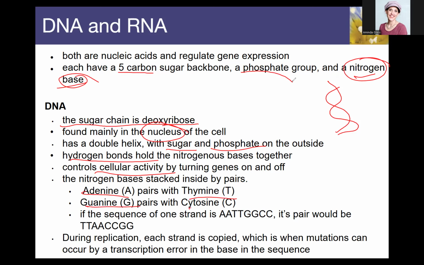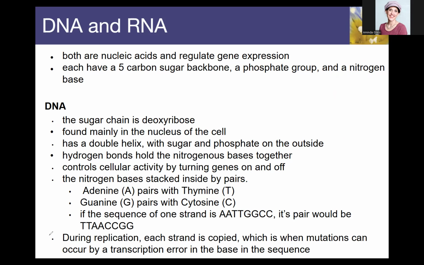Now, during replication, each strand is copied, and during this replication period, that is when mutations can occur, just by a transcription error. So we do have like an editing portion during the process of replication, but it isn't always caught. So it's like whenever you are copying down some information, the majority of it's correct, but sometimes you might skip something.